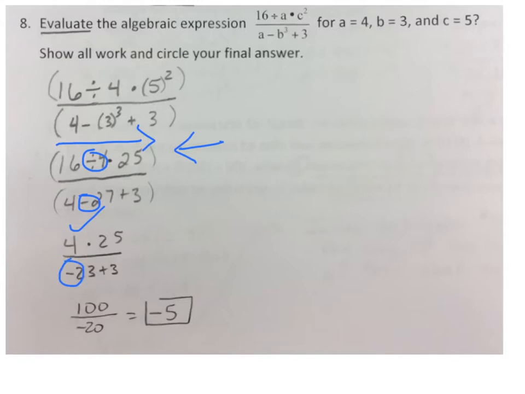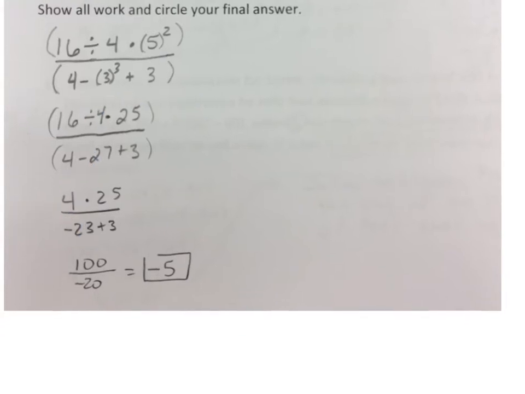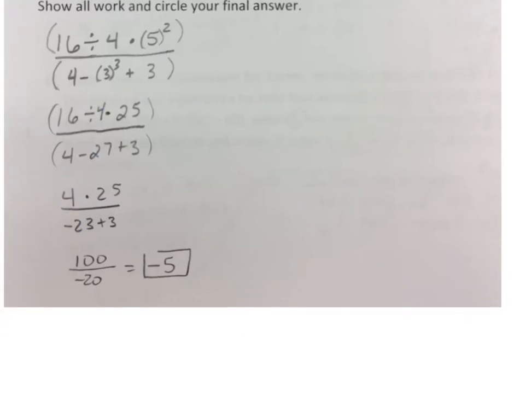Now that you have simplified that, I'm left with 4 times 25, which is 100. Negative 23 plus 3 is negative 20. And you simplify that by dividing 100 by negative 20, and you get negative 5. Now, on a side note, remember negative 5: you have your natural numbers, you have your whole numbers, then you have Q and Z.